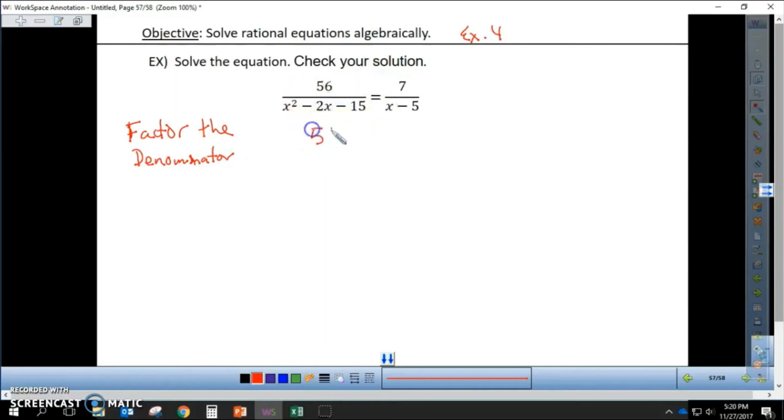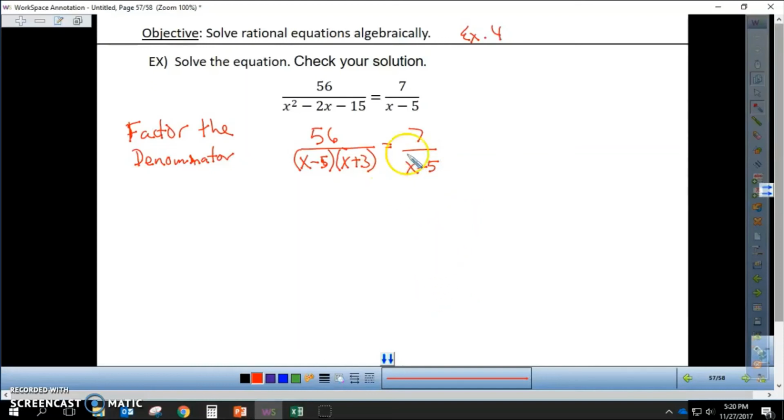So here we have 56 over, and looking at this trinomial, what factors of negative 15 will produce a negative 2, and that is x minus 5, x plus 3, and over here we have 7 over x minus 5.